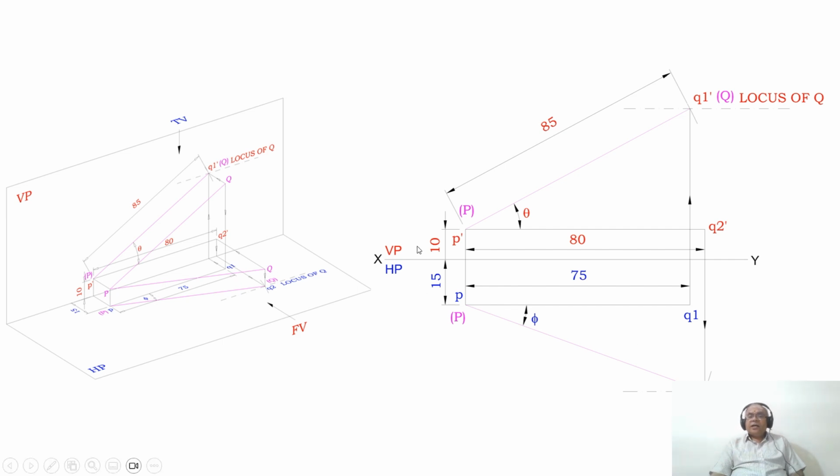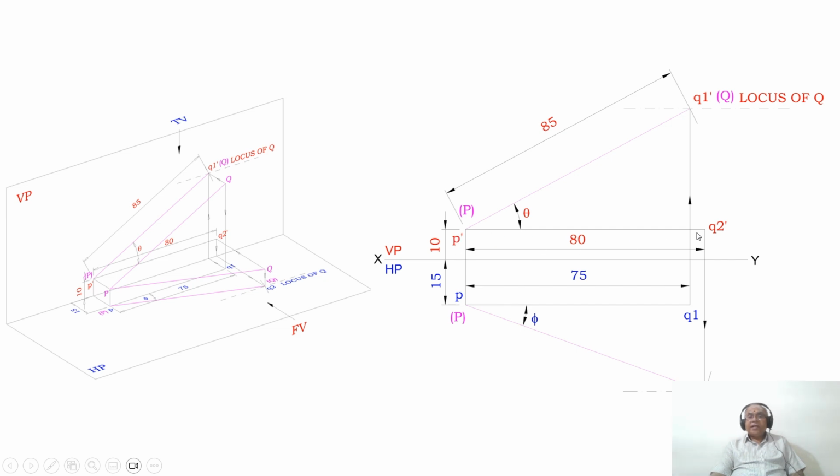So how will the front view line become parallel? P dash is above HP by 10 mm. So Q2 dash should also be above HP by 10 mm. Then only the line is parallel to XY. So from P dash, you measure 80 mm along this horizontal line, and you mark that point as Q2 dash, which is in line with P dash.